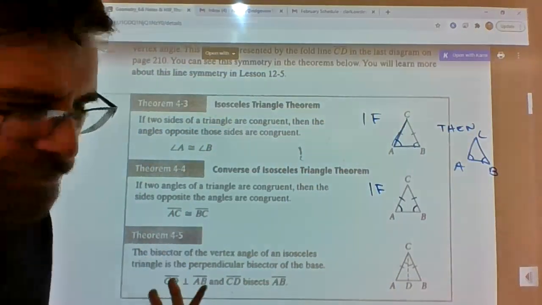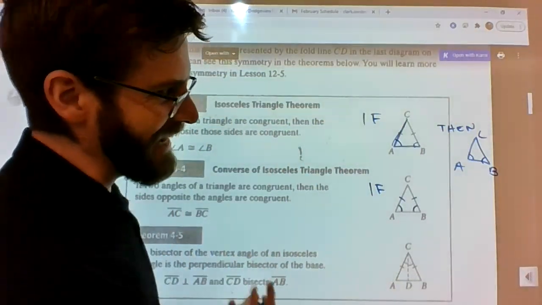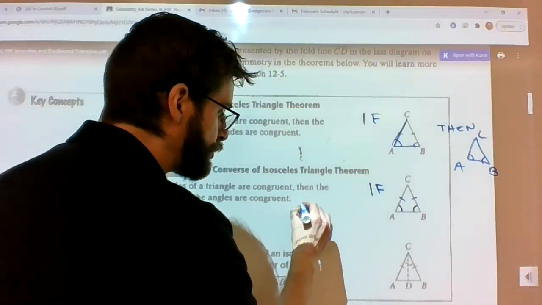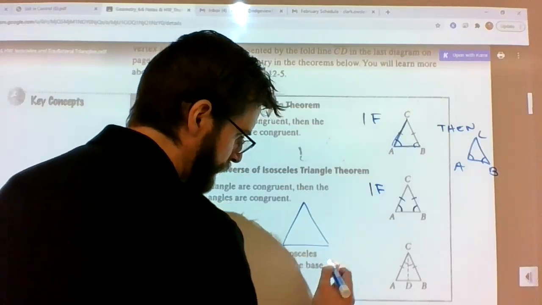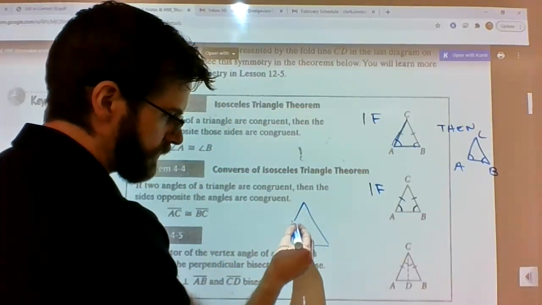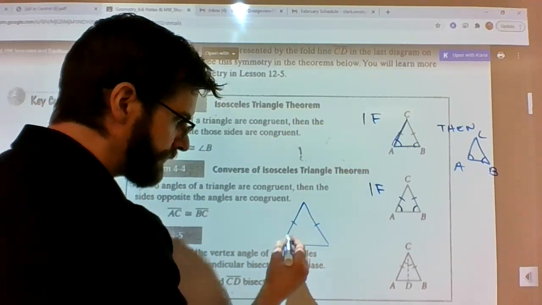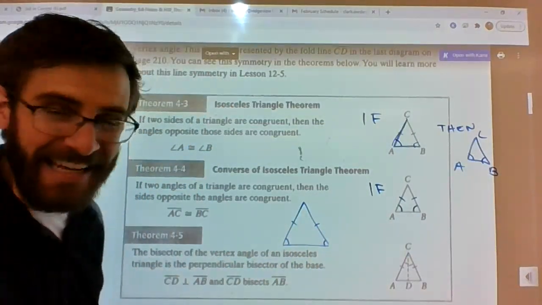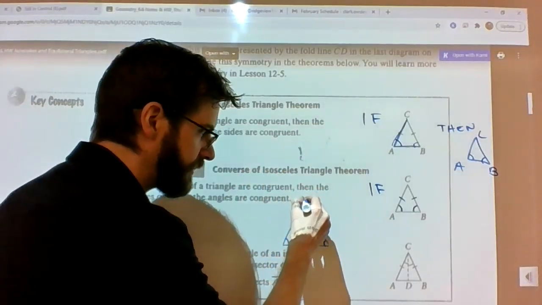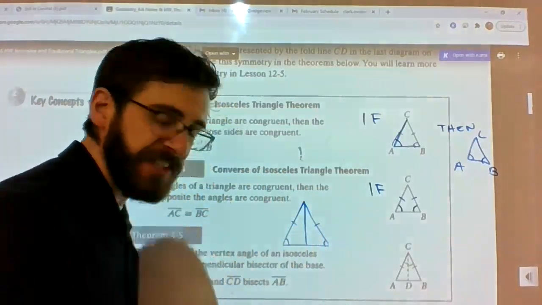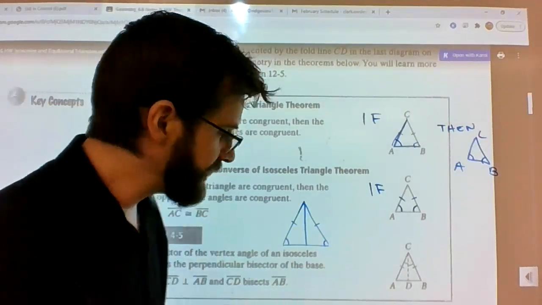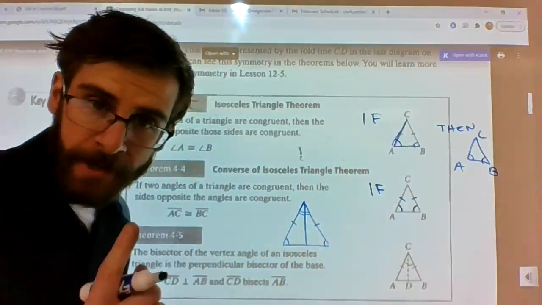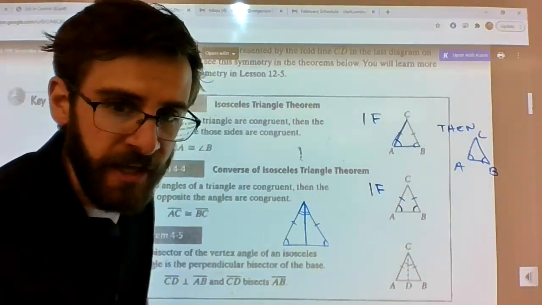This last one, I don't know if it's intuitive, but it states that if you've got an isosceles triangle, which means that these sides are congruent and these sides are congruent, what this theorem states is that if you cut a segment there and it creates this angle congruent to that angle, that means two things.